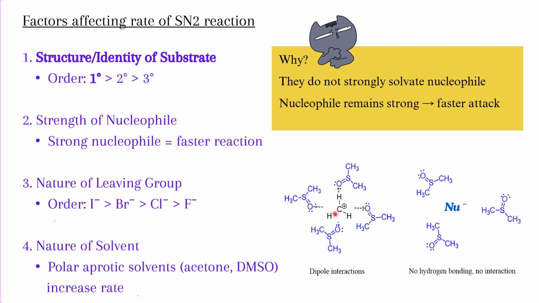So this is how the nature of the solvent comes into the picture. So remember that nature of the solvent also matters in case of SN1 and SN2. So in order for SN2 to happen, we need a polar aprotic solvent. Polar means the solvent molecules should have partial charges, and aprotic means they should not have an acidic proton.